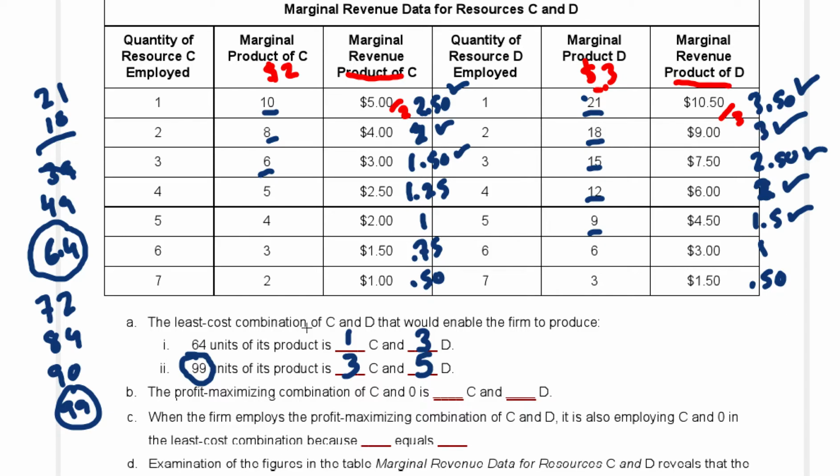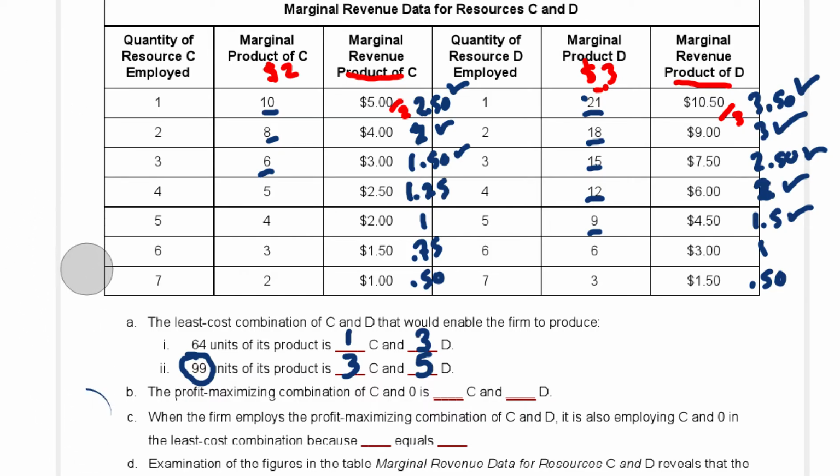And now I know. So the other thing it's asking us is the profit maximizing combination. So if it doesn't matter, we're just going to produce as many as we can. The profit maximizing combination is we go until the price of the resource is equal to the MRP. And that occurs, so if this is $2, it occurs right here.